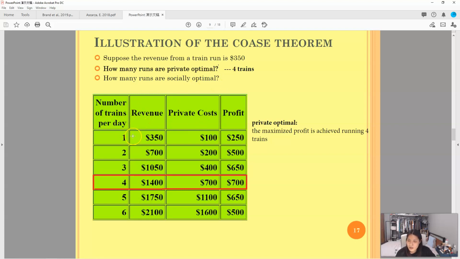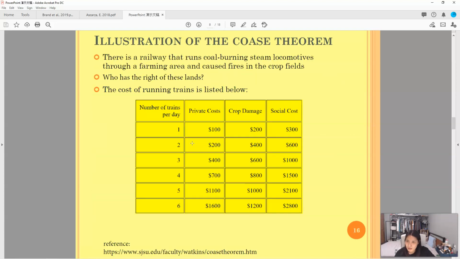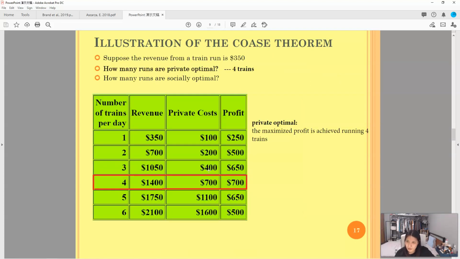So the second column, the revenue column, lists the revenue from running different numbers of trains per day, and the private cost column is exactly the same as the private cost column before, and the profit is just the difference between the revenue and the private costs.